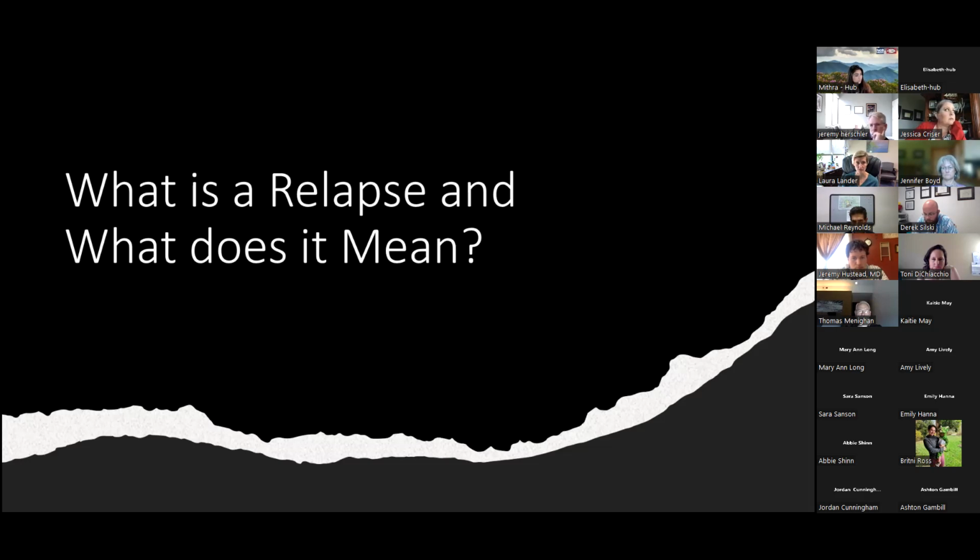So if you work with families, often education around that helps. It also doesn't mean that the person has abandoned motivation for recovery. It means something went wrong in the recovery process, and the goal is really to learn from that. Relapse can be brief, or it can be extended for a period of time.